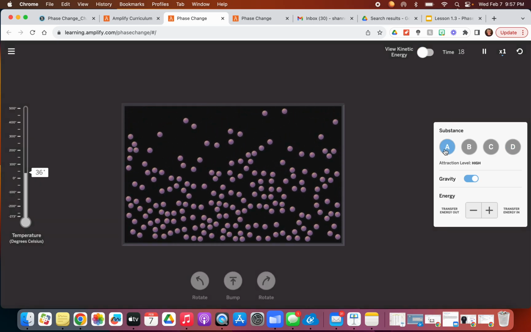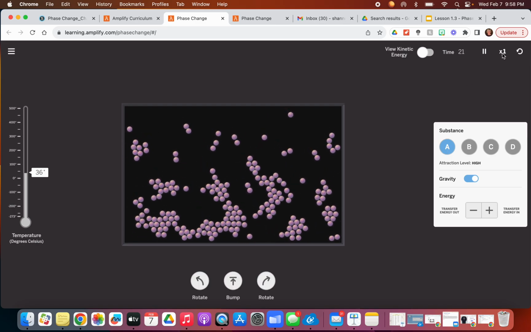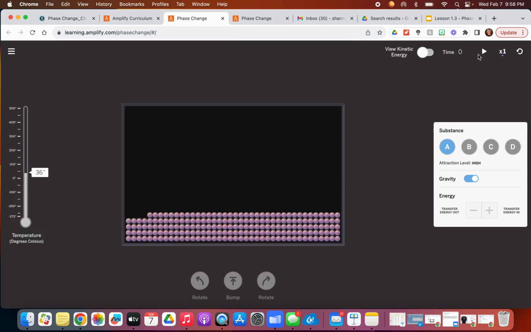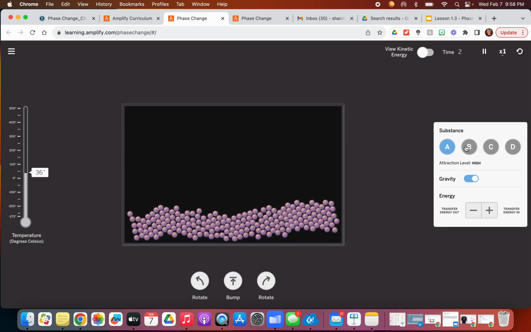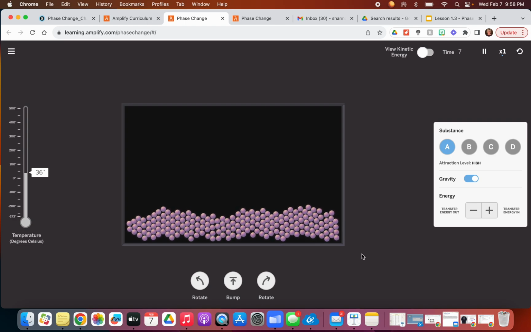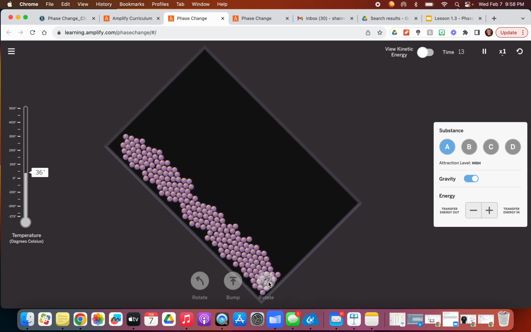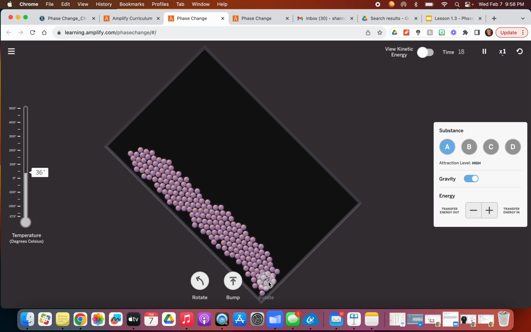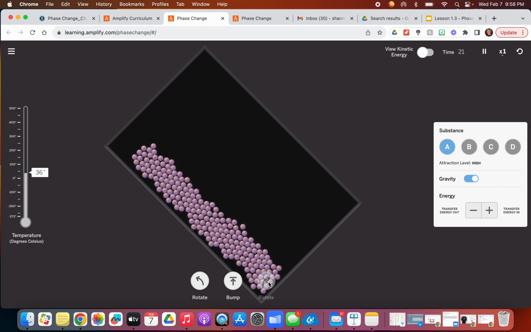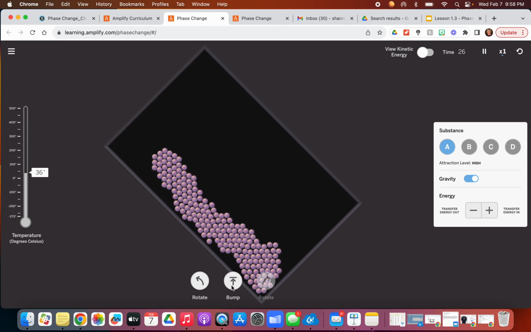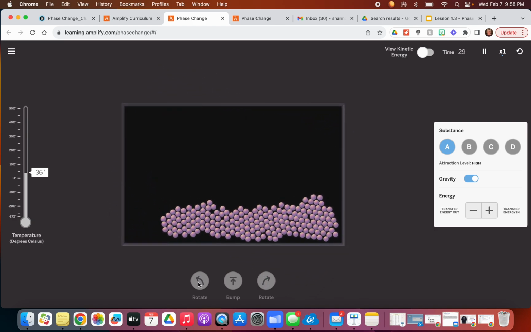I'm going to have you click substance A. You'll notice when you reset this, when you hit play, it will automatically go to B, so you'll have to click on substance A. Okay, so here's substance A, and I'm going to rotate substance A, and based on the behavior of the molecules, which phase do you think substance A is? Do you think it's a solid? Do you think it's a liquid? Do you think it's a gas?